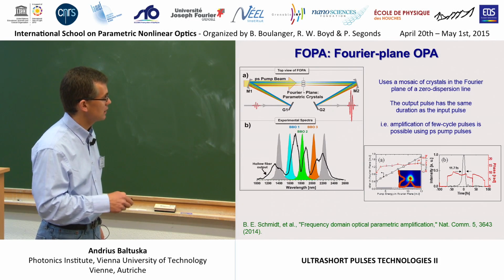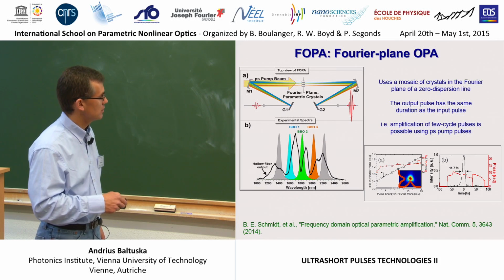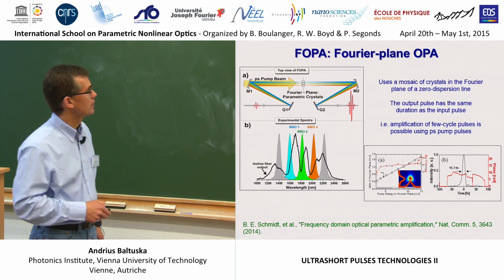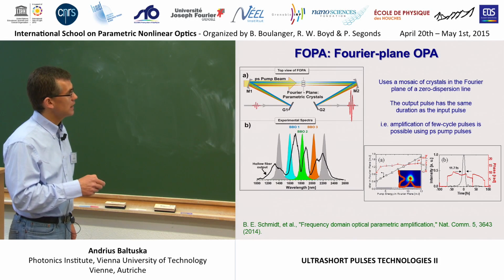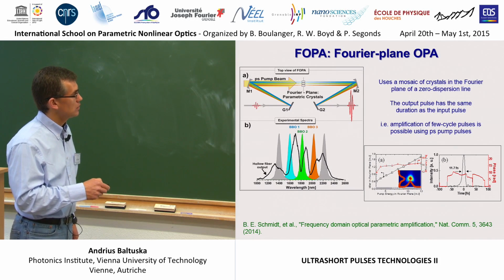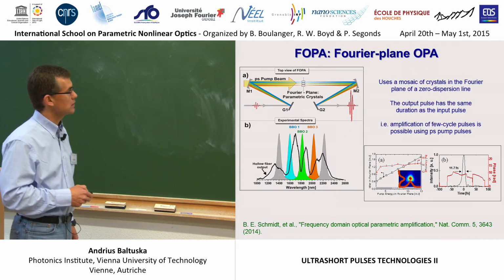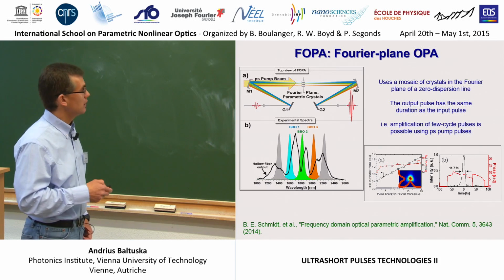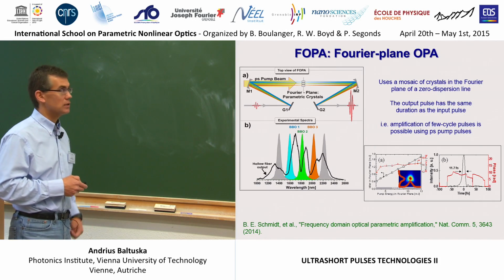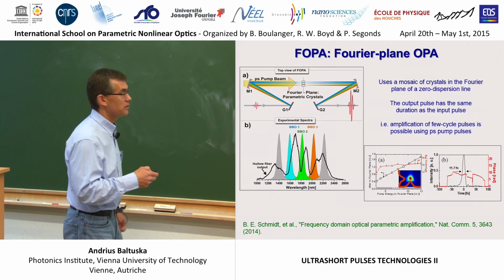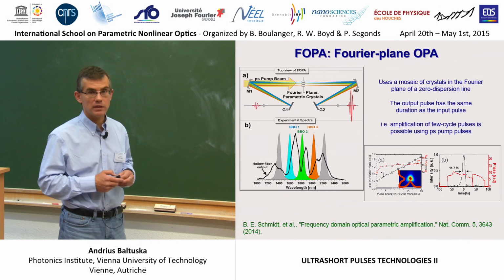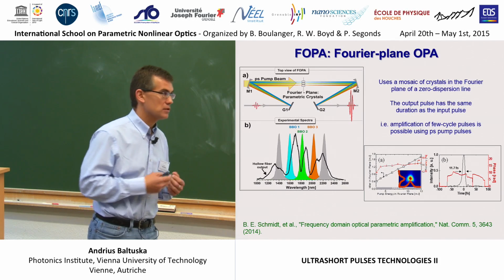So this is the seed pulse broadband continuum, and a number of crystals here are tuned to amplify individual bands here. After that, you do the reverse process. So you reassemble it back into a short pulse. So in fact, this is a spatial light modulator where instead of an attenuator in the Fourier plane, you implement an amplifier.